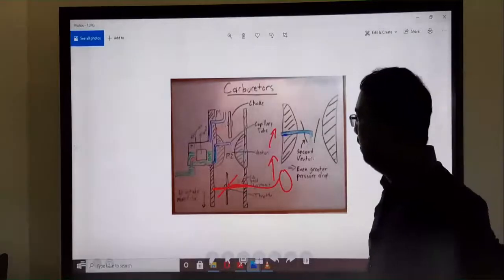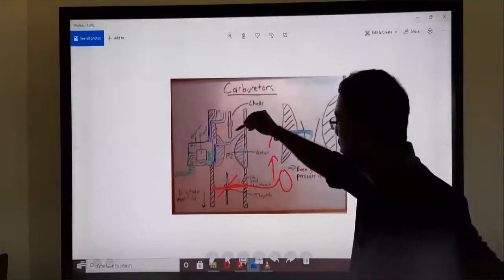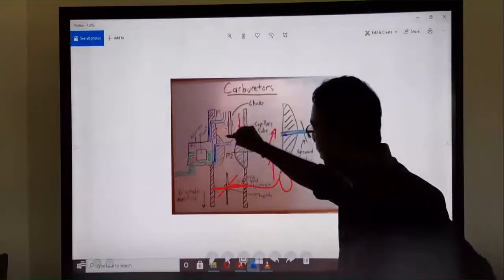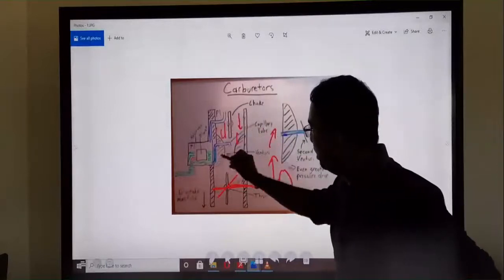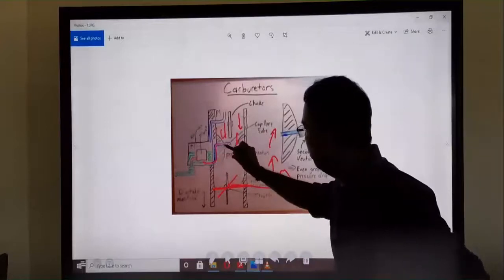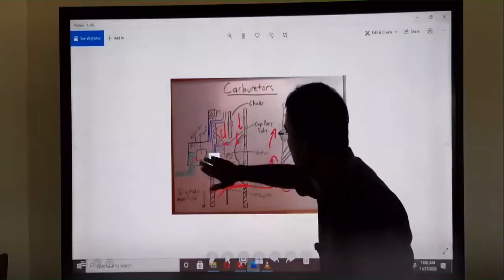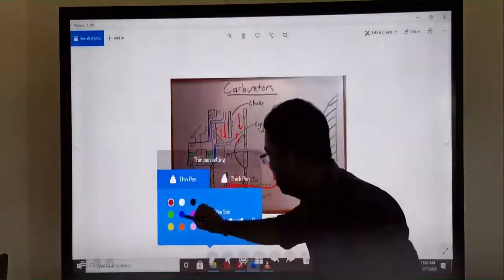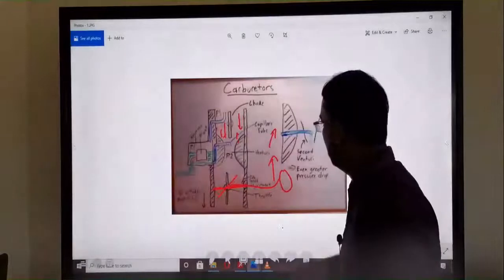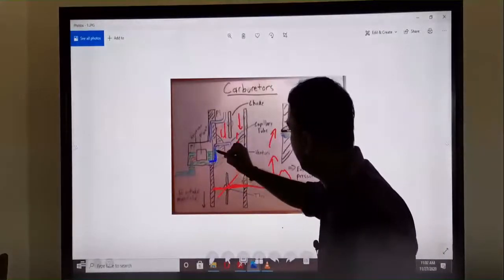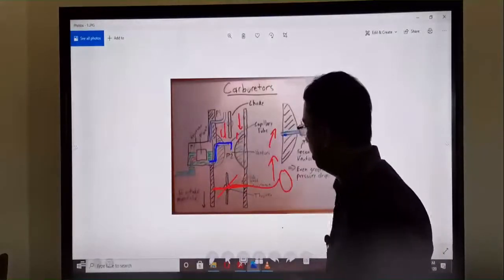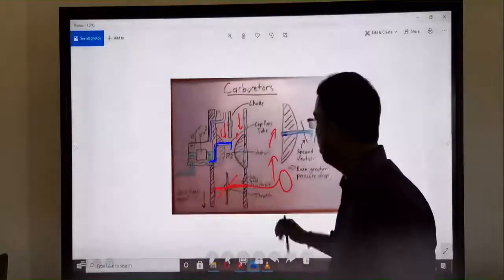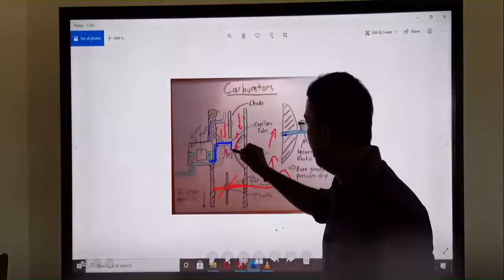When the choke is open like this, air comes in, so there is a pressure difference and the fuel also comes like this. The fuel connects with the air.